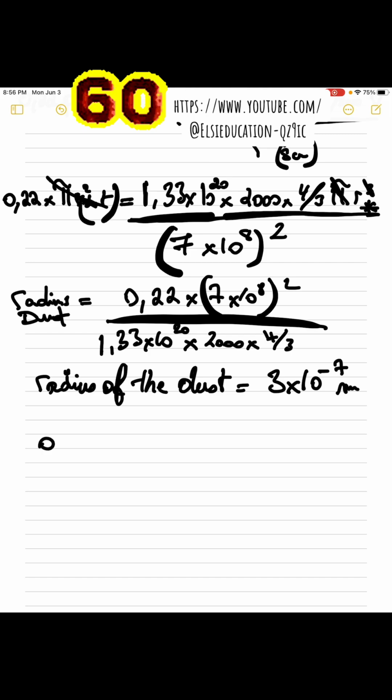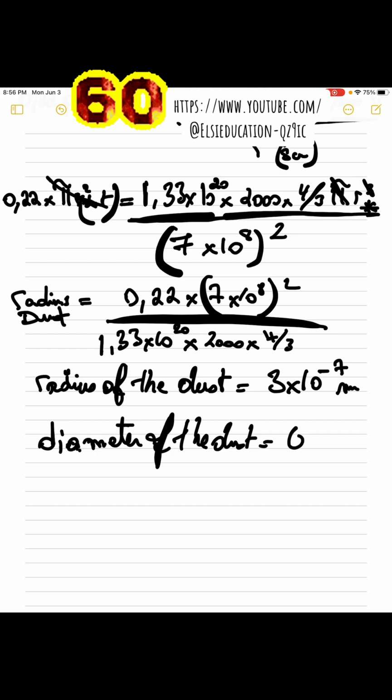So the diameter of the dust is equal to 6 times 10 to the minus 7 meters.